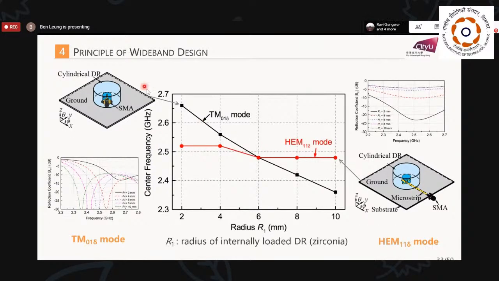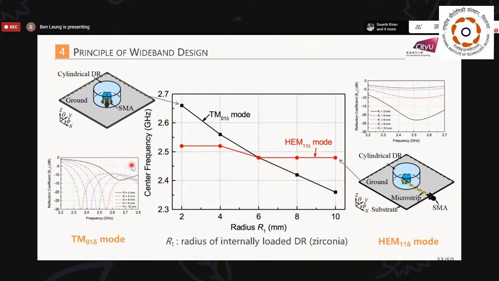And therefore, we introduce a zirconia cylinder inside the central region. Now, by introducing this zirconia dielectric region inside the center part, we have the frequency given by this TM mode. Now we have an intersection point with the HEM11δ mode.